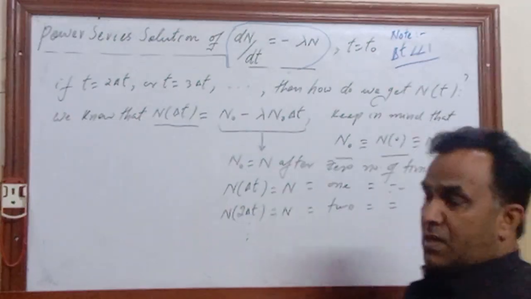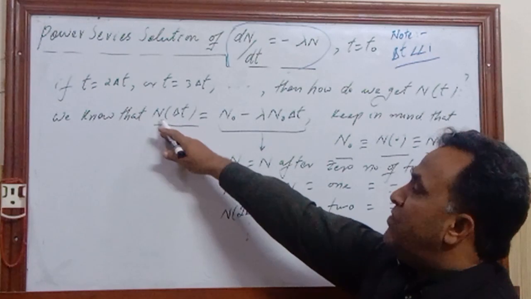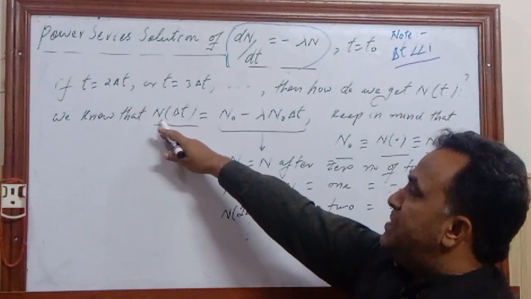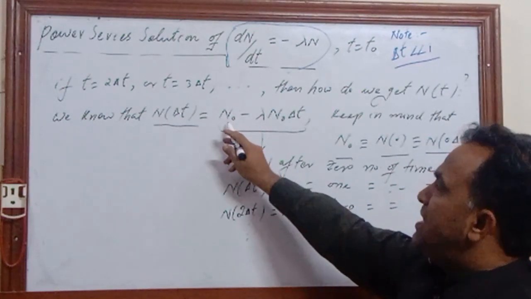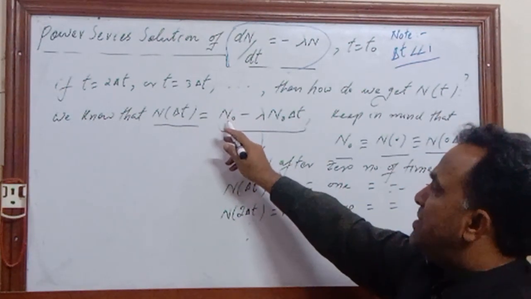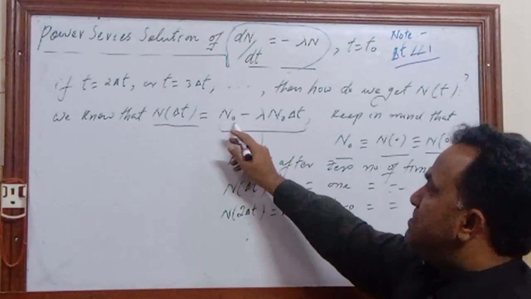So from this equation, we can see that if we want the number of nuclei after one time interval, we need the information about n after 0 intervals.